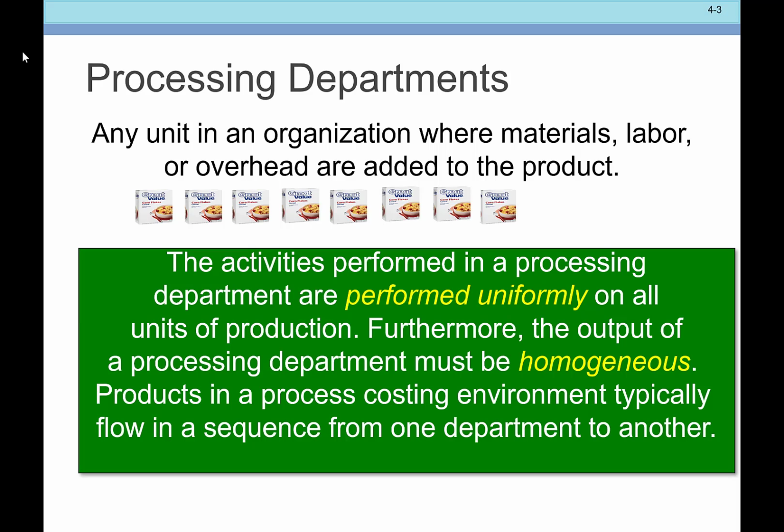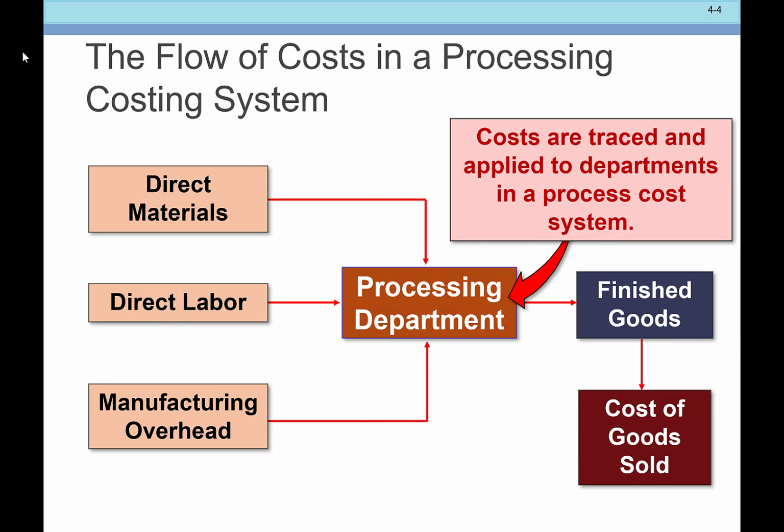In that situation, even though we'd still use process costing, we're capturing our cost for frosted flakes versus cornflakes, the ones that have the sugar on them already. We would take our costs, direct labor, direct materials, and manufacturing overhead, to each processing department.